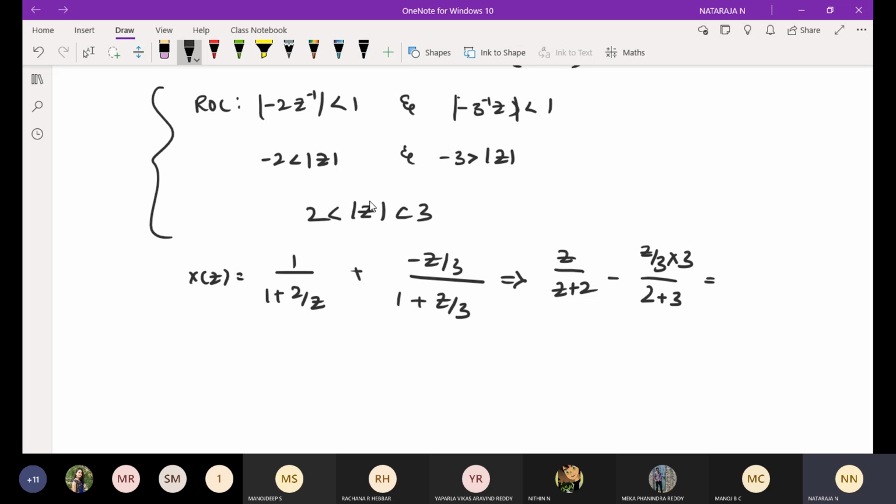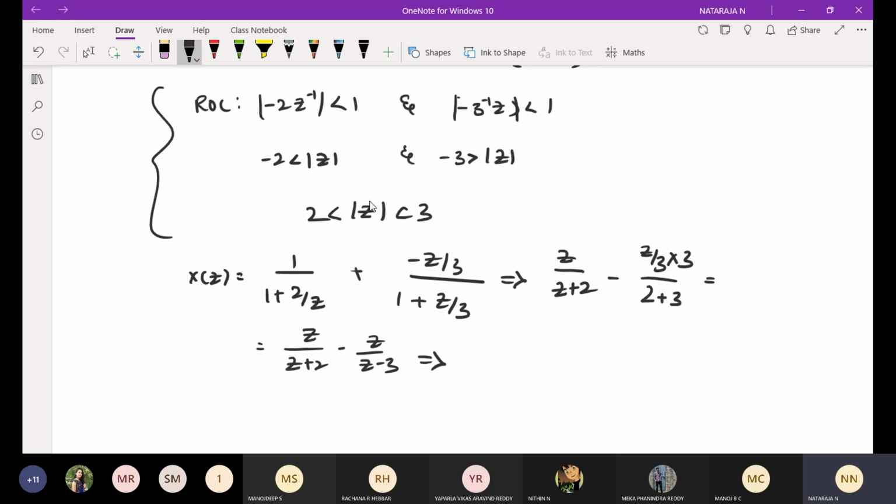Okay, then what is the next step you will get? You will get z by z plus 2 minus of z by z plus 3.